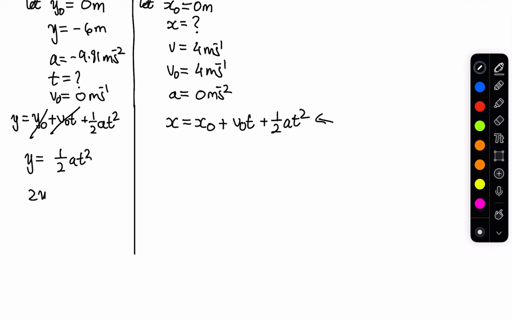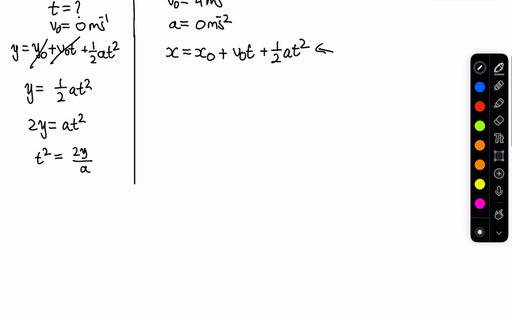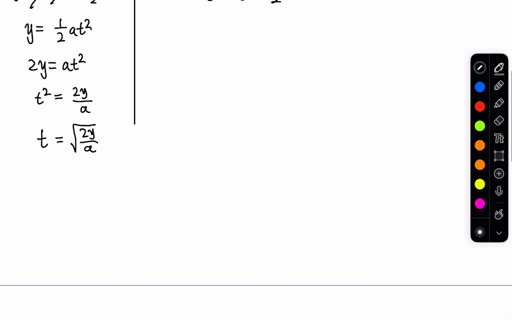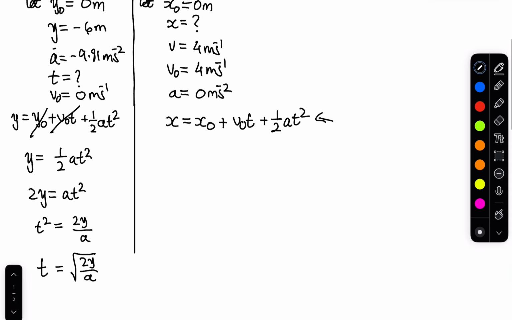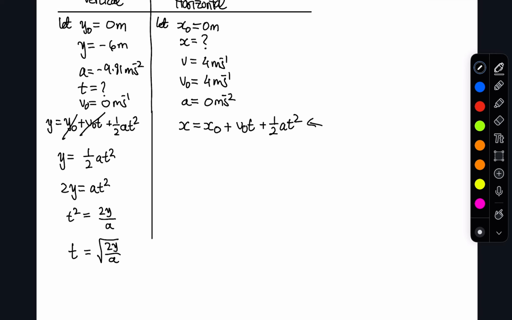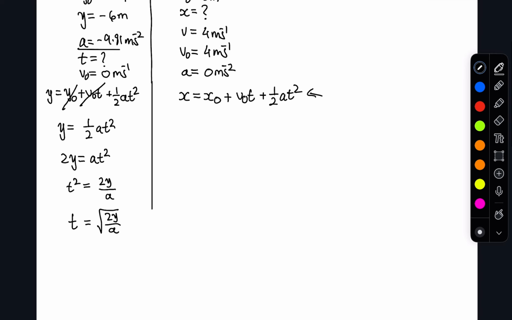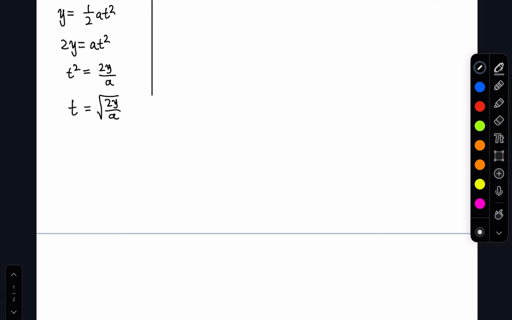So it's 2y is equal to a t squared. t squared is equal to 2y on a, and t therefore is equal to the square root of 2y on a. Now we know y is equal to negative 6 and a is equal to negative 9.81 meters per second squared.